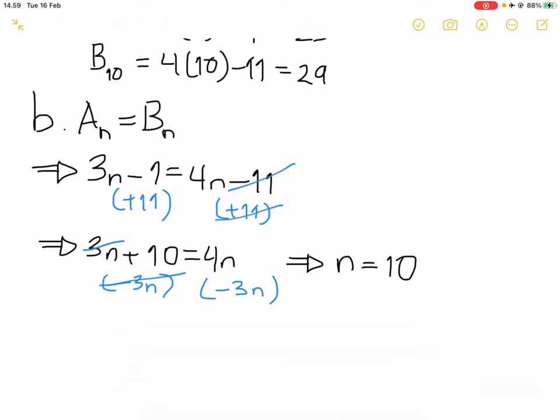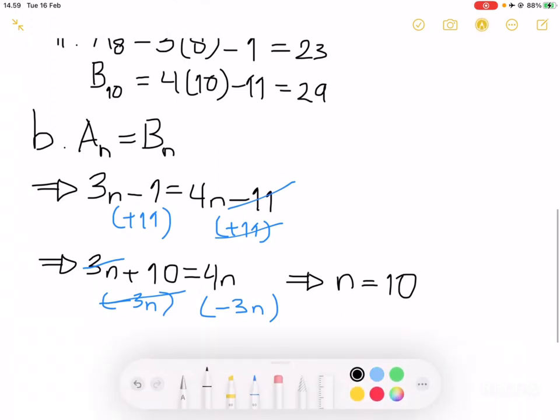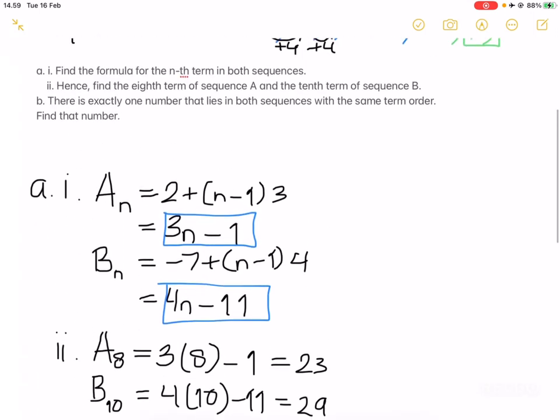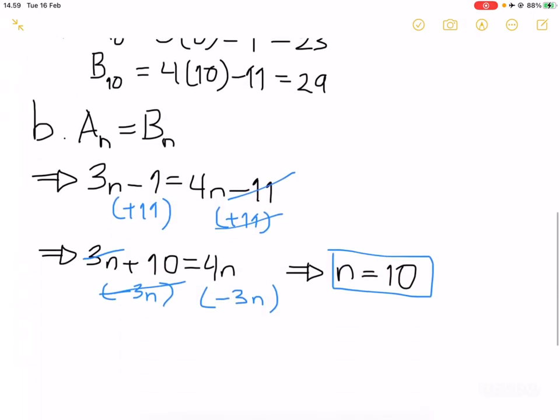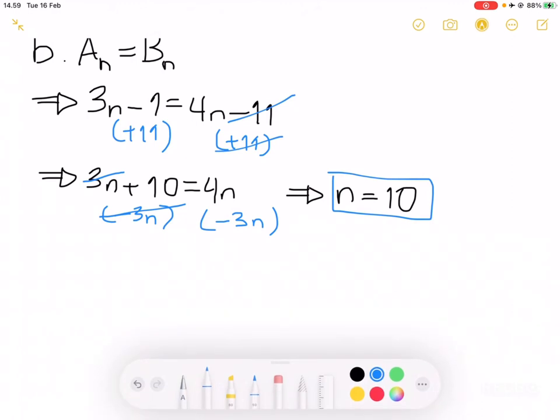However, we're not done yet because we just found the term order of this. So whatever this number that lies on both sequences and has the same term order, the term order is 10. So all we need to do is to find the 10th term of either of these sequences, because we set them to be the same.